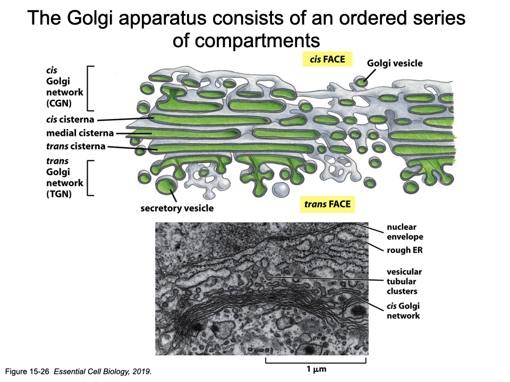Again, the more accepted theory is that you have movement from the cis, and the stacks are always moving. So it's not that the Golgi is static and staying the same, and it's just these vesicles that are changing on it. It's that what was cis becomes medial, what's medial becomes trans, secretion, and then bringing it back through the retrieval pathway.